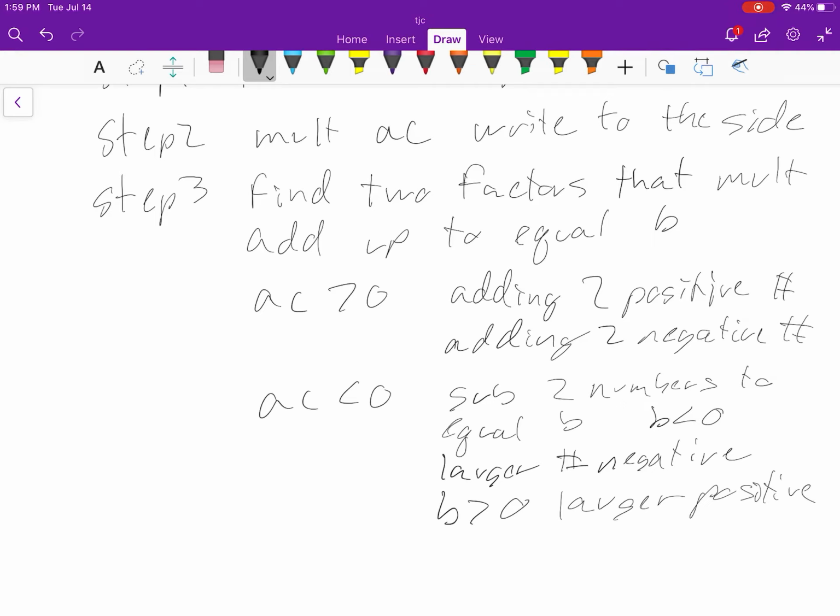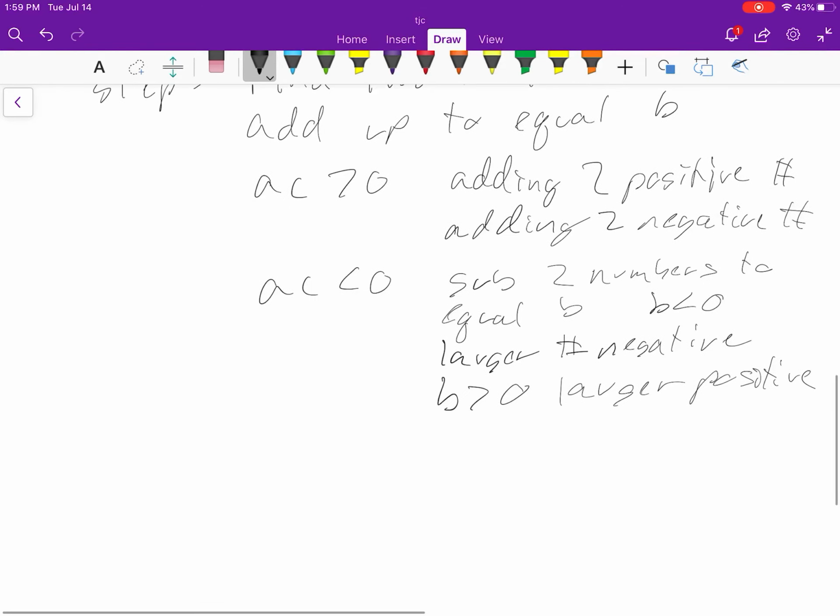Okay, so step three is kind of involved. Once you find these two factors, step four is replace b with these numbers.